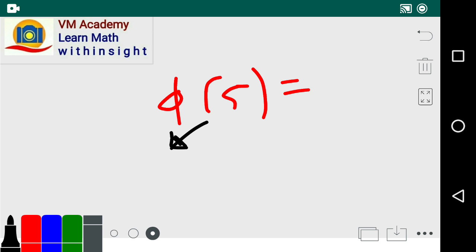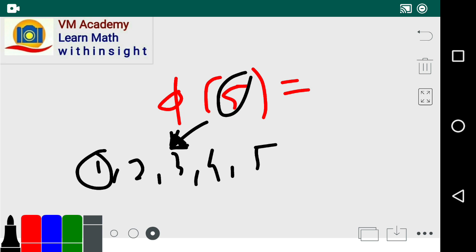Co-prime means numbers that do not share any prime factor with 5. So 1, 2, 3, 4, 5. 1 and 5 have no common prime factor. 2 and 5, also none. 3 and 5, none. 4 and 5, none. So 1, 2, 3, 4 are relatively prime to 5, and 5 and 5 share factors. So there are 4.